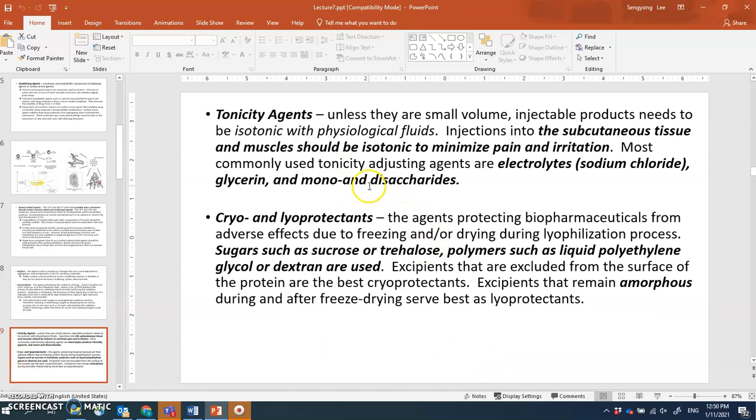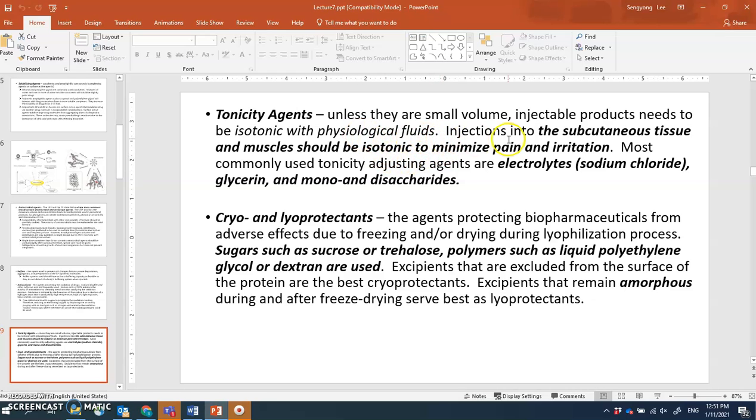And then tonicity agents. Like I said, the salt concentration should be maintained similar to the physiological condition of living cells, so isotonic is what you need, maybe about 20 to 50 millimolar salt concentration. Injections into subcutaneous and muscular tissue should be isotonic, because you don't want to cause cell damage from too much or too little salt going in.